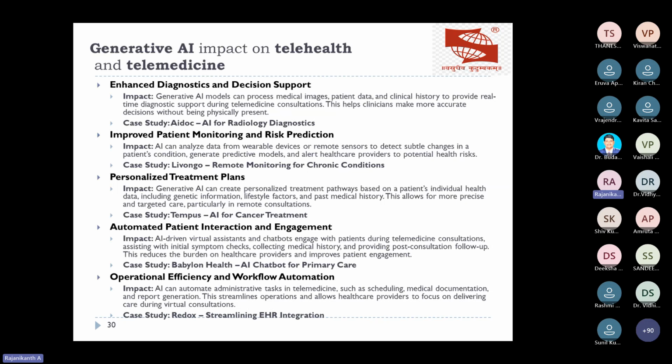What happens today is we go to a hospital or diagnostic center, get some reports, and of course they give some symptoms. We reach a doctor, and the doctor, by looking at that, will tell us the situation. But now even the symptoms are not required. If the images are available, we have AI models in place which will find out the differences in the image and will tell the current situation of the patient. And we have case studies for that, real-time systems in place. AIdoc is one. AIdoc is a real-time example for enhanced diagnostics and decision support.